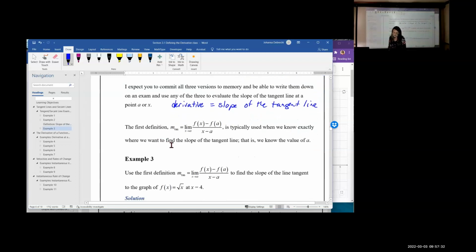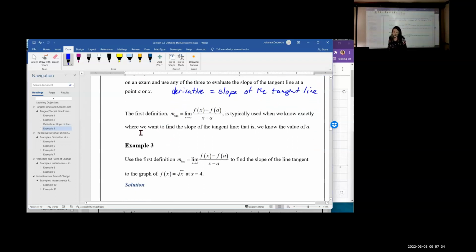So we're going to practice that now, right? Now, what we're practicing in this first section is finding the derivative at a single point. So at one point and one point only. So a is fixed. So what we're talking about in 3.1 is a is fixed. A is known. A is 3.